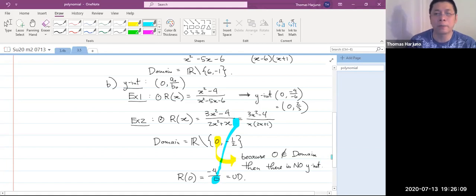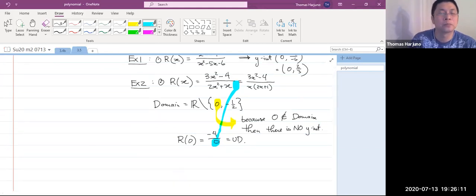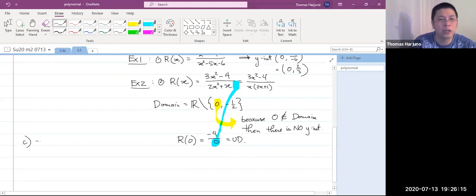Now the third topic is on the x-intercept. X-intercepts come from the real zeros.